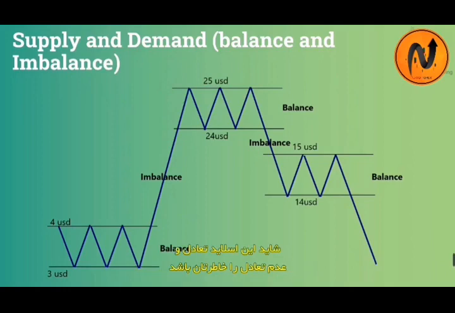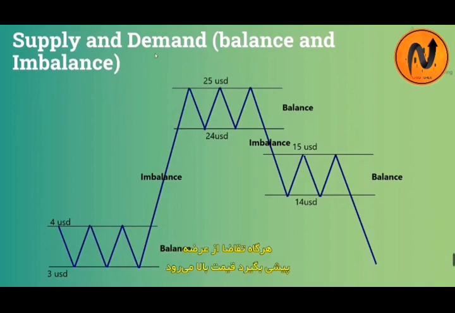So, if you remember this movement over here, this is supply and demand balance and imbalance. If you remember the story about the face mask that I told you in episode 1, it's all about supply and demand. When the supply is higher than the demand, there is an imbalance and it pushes the price downwards.